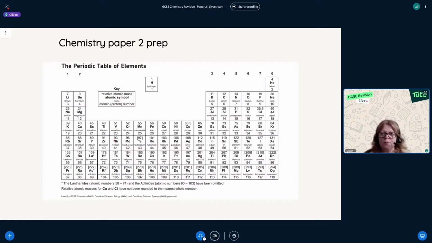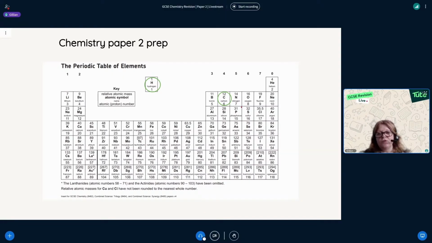If you're having a little bit of a moment, which we all do, especially in exams, you have a key. So look at the key if you forget which number is which. So the relative atomic mass is the top number. So we need to find carbon and we need to find hydrogen. So there is carbon. See if you can spot hydrogen. There we go. And there is hydrogen.